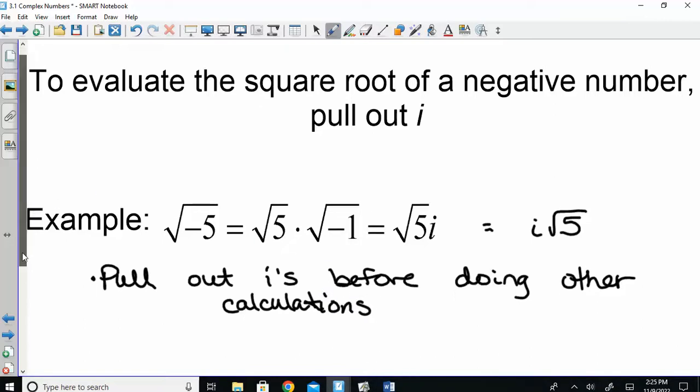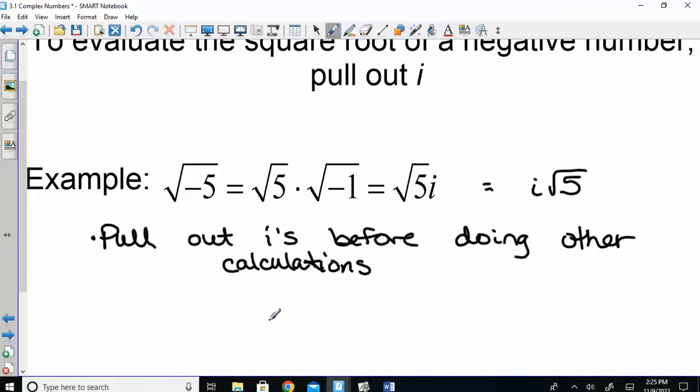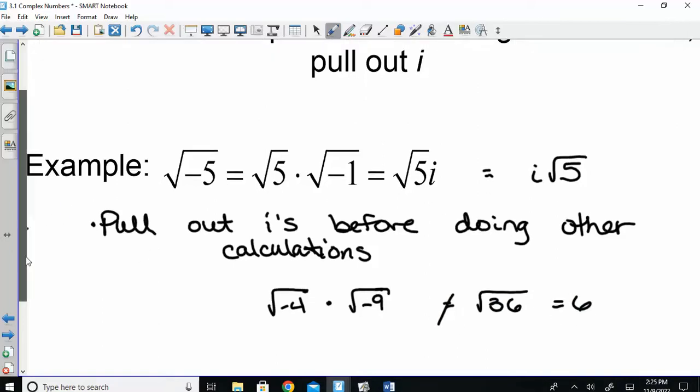An example to kind of illustrate that, if I said the square root of negative 4 times the square root of, let's go with a nice one, negative 9. If you just multiply those, you get the square root of 36, which is 6. But that is not the right answer.